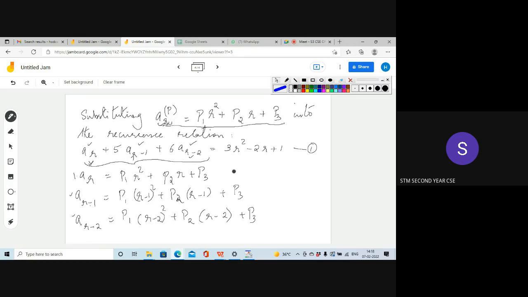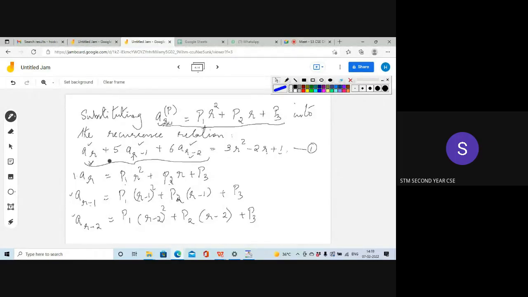Finally, after solving the LHS, we will compare it with the RHS, and then equate the coefficients of R square. You will get one parameter, P1. When you equate the coefficients of R, you will get another constant P2, and when you equate the constants, you will get another term P3. So that is how we are going to calculate P1, P2 and P3.